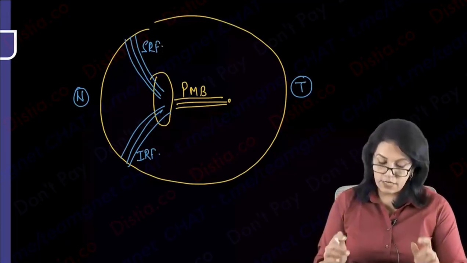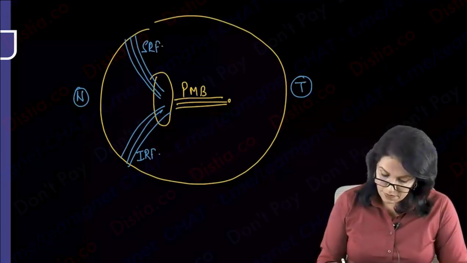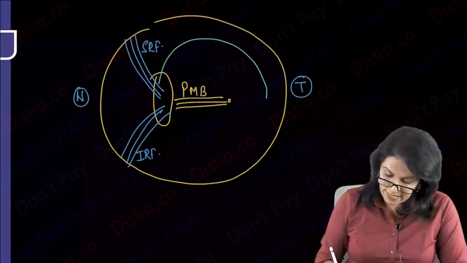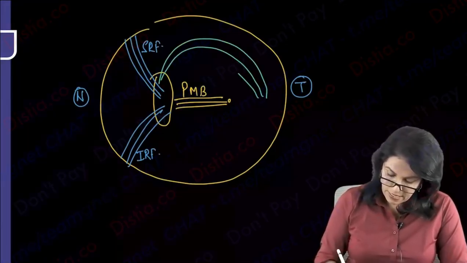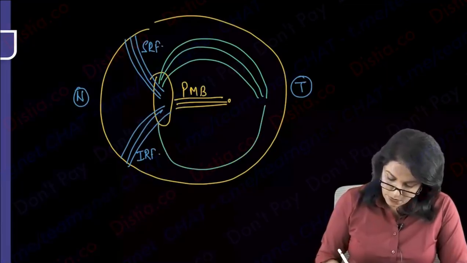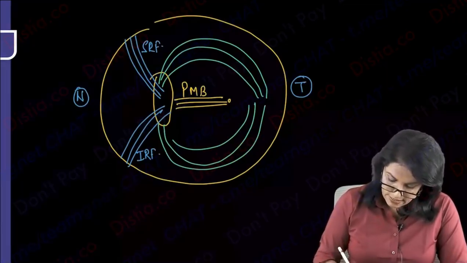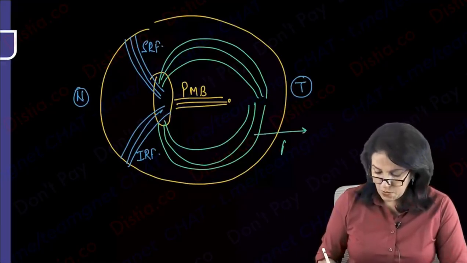Fibers from the temporal side, very important, they curve around the macula and enter the disc like this. And what are these known as? This is your arcuate fibers.